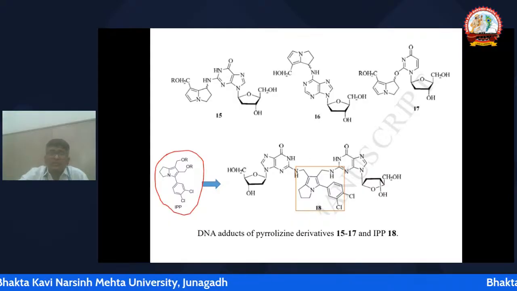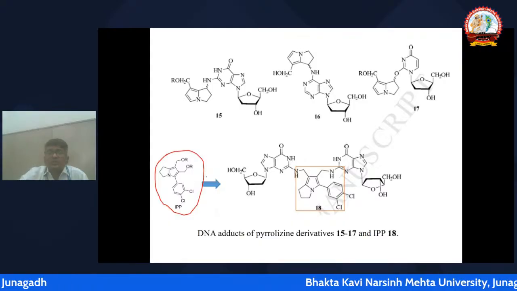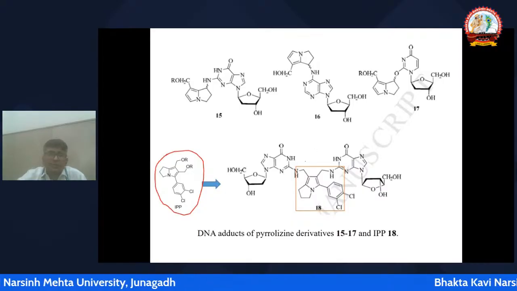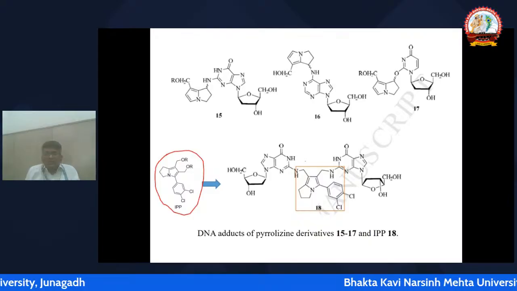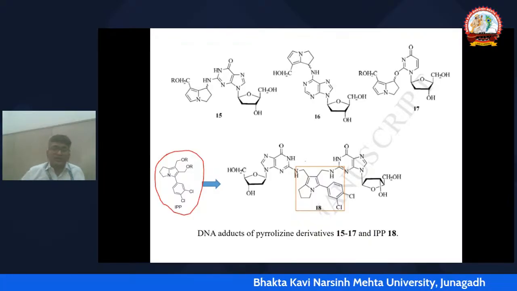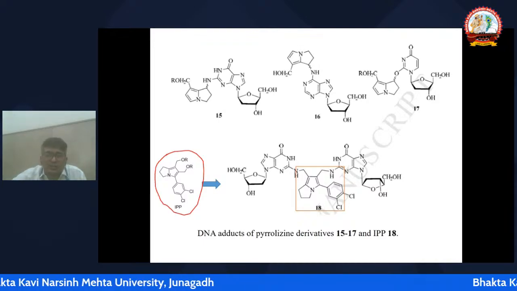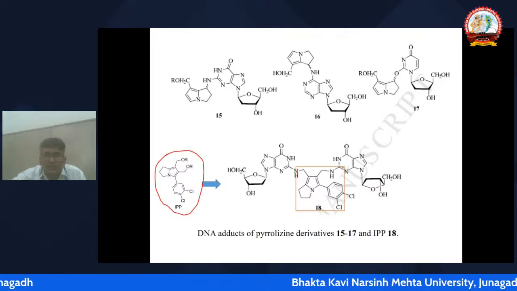It produces a DNA adduct, which is a pyrrolizine derivative. These compounds are known as IPP compounds, which bind with our DNA. In the in vivo biological screening, the product is isolated, and we can see that the structure of the isolated product can be bound with the DNA.